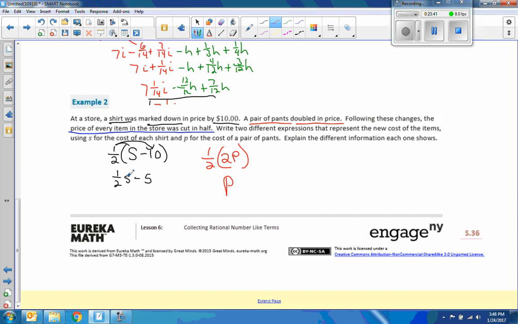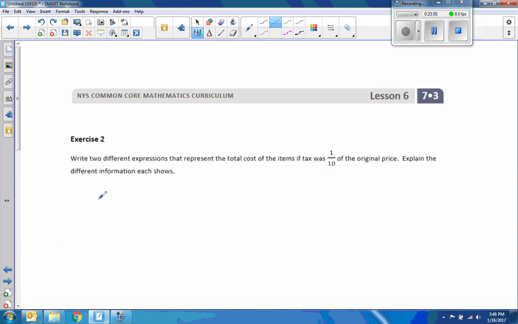The shirt is 1/2 S minus 10. So I'm going to write that here. There's the shirt. And then I will do the pants over here, and the pants was 1/2 times 2P.